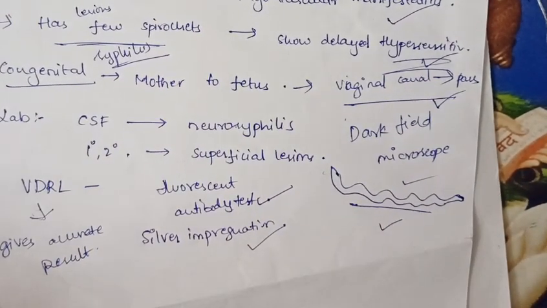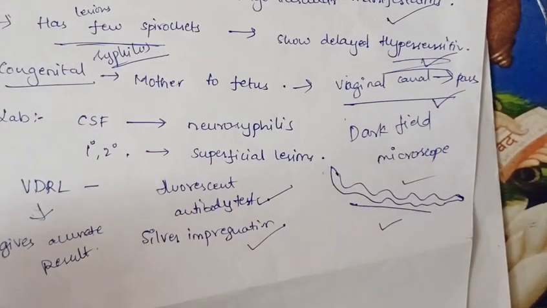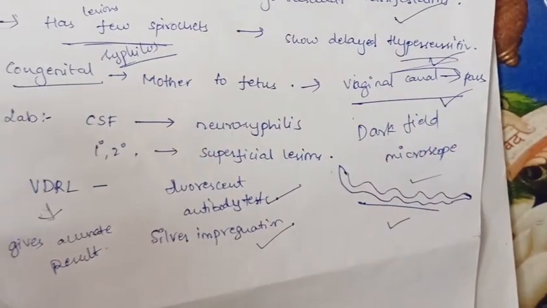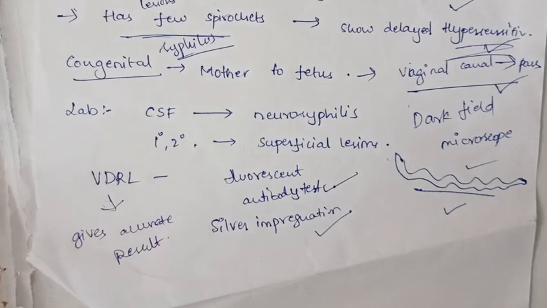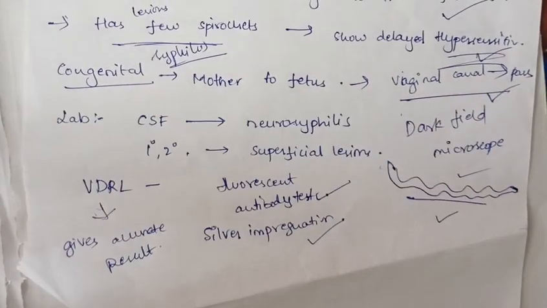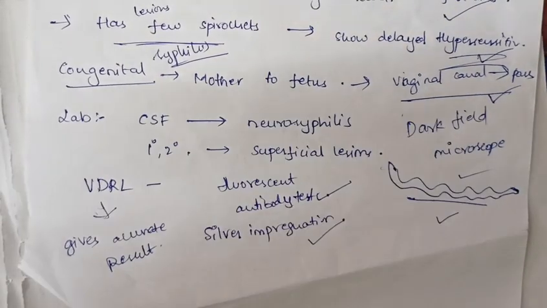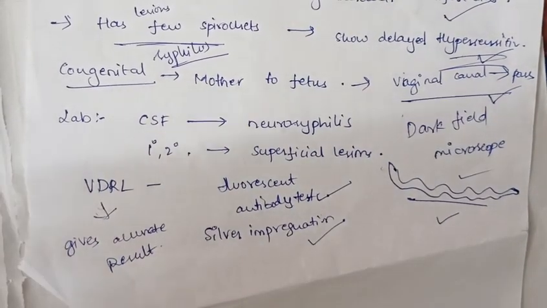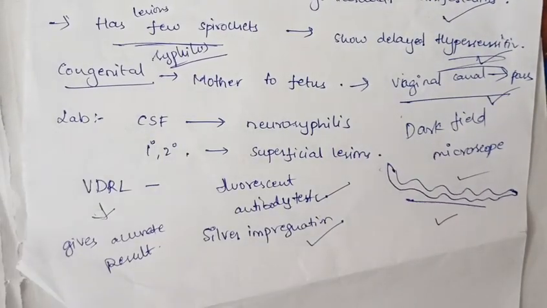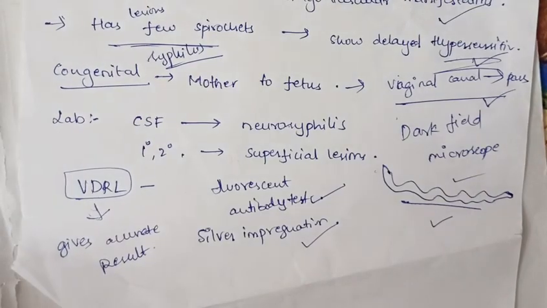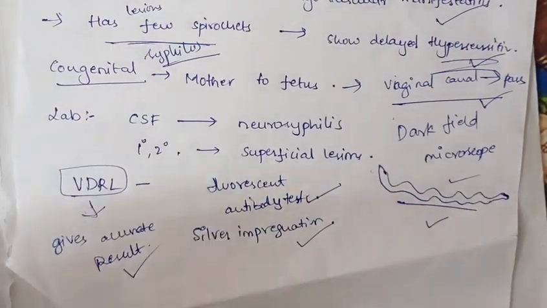In the fluorescent antibody test, either an antigen or antibody is coated with fluorescent dyes, and when the organism is present, agglutination forms which can be visualized under a fluorescent viewer. VDRL is also a specific test for diagnosis of syphilis, which gives an accurate result.